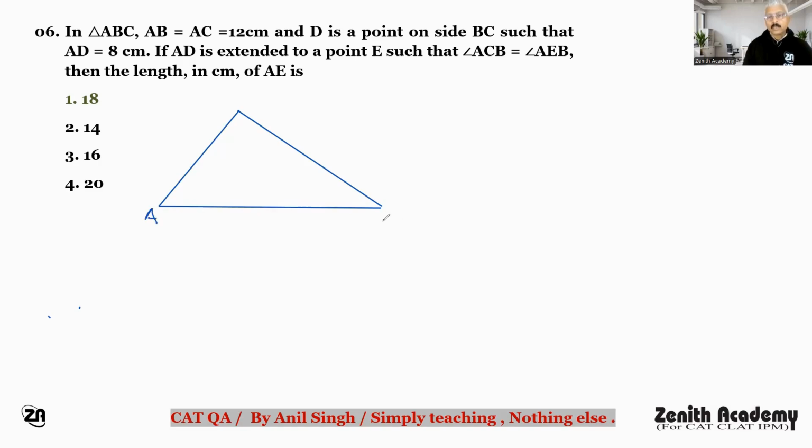A, B, C. AB is equal to AC, 12 centimeters. And D is a point on BC such that AD is equal to 8.